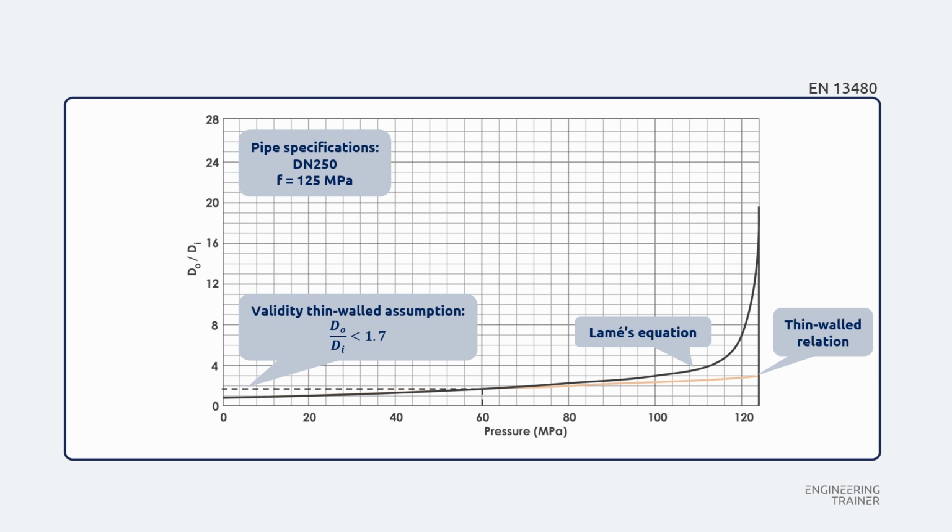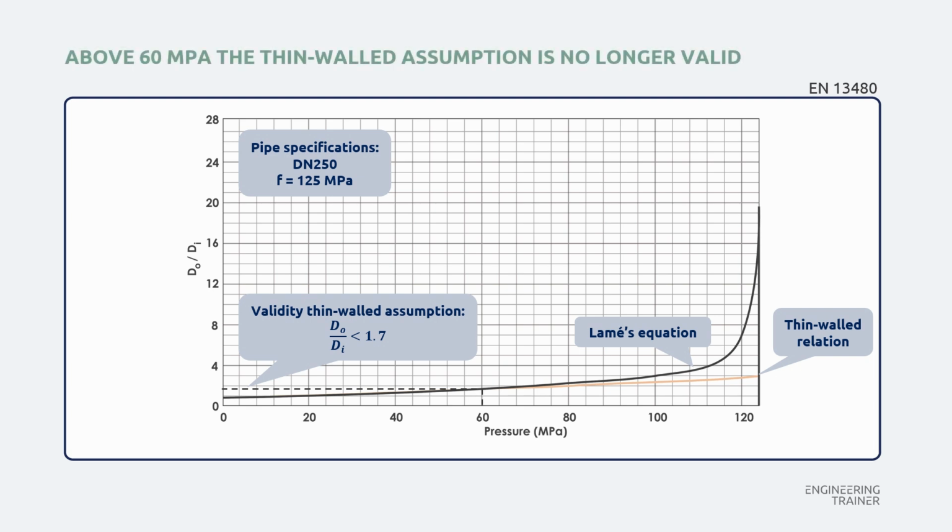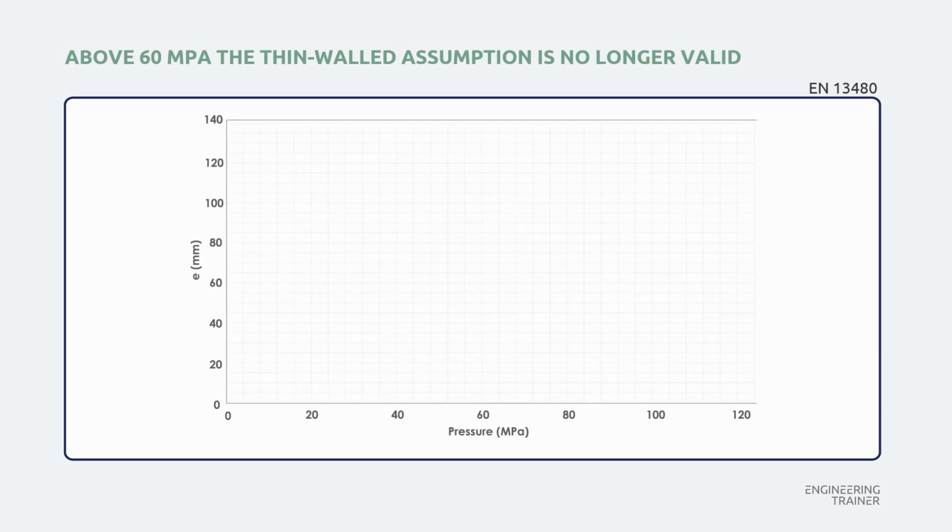So above this pressure, the thin-walled assumption is no longer valid, and the thick-walled relation must be used. Let's have a look at what the required wall thickness of the pipe is at this transition. Let's change the y-axis of this graph to the thickness instead of dO over dI. So we are now looking at the relation between the pipe thickness versus the pressure.